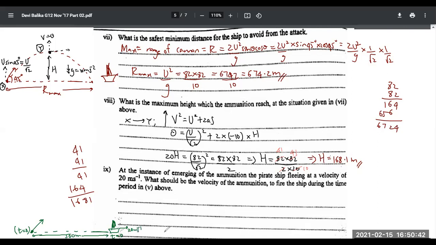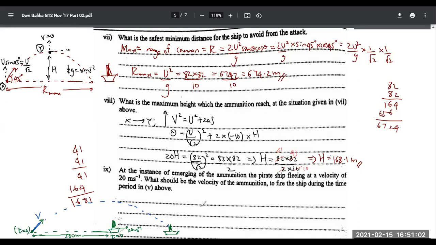And when the ship has reached a certain distance like this, eventually the ammunition also hits the ship. So they're asking at what velocity we should fire it in order for that to hit the ship. Okay, right.